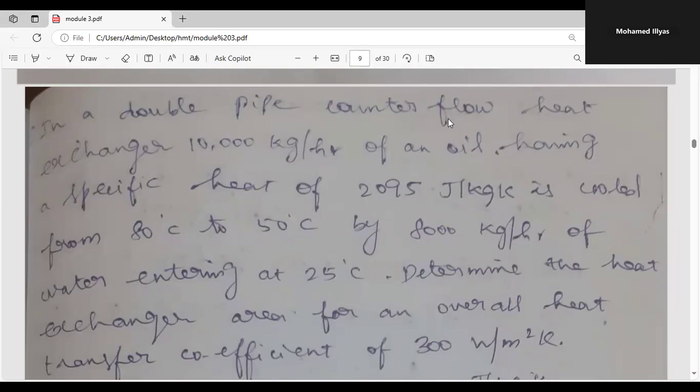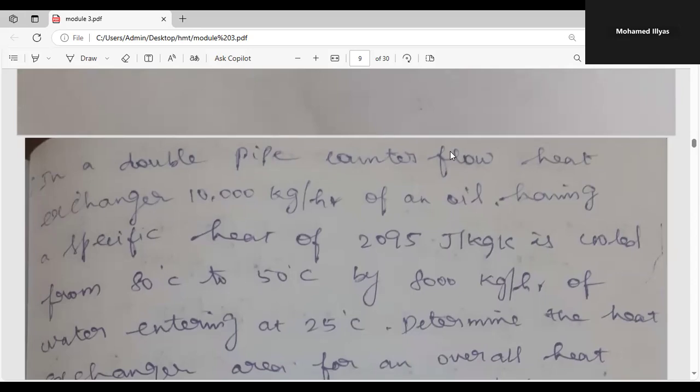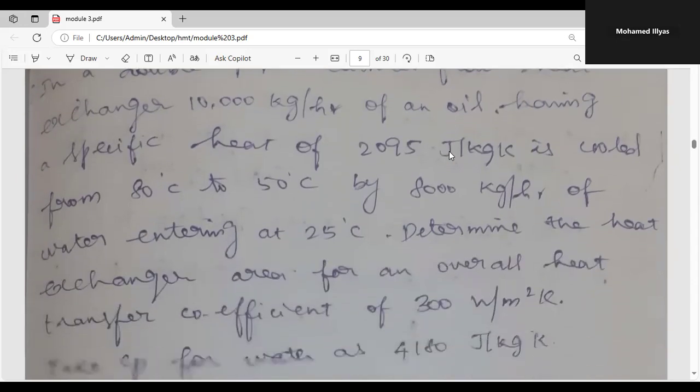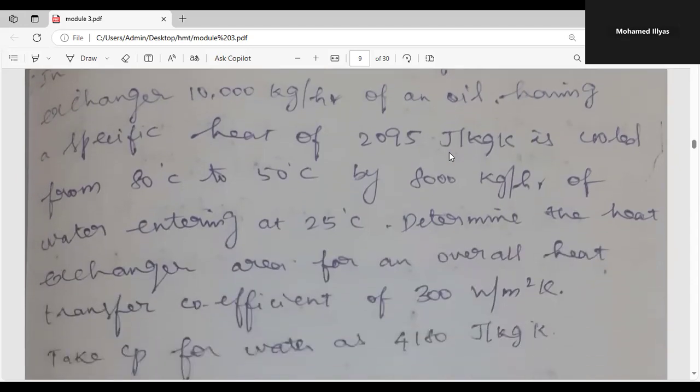Let us solve one problem on this heat exchanger, having understood the expression of our LMTD. So let me read this problem now. In a double pipe counterflow heat exchanger, 10,000 kg per hour of an oil having a specific heat of 2095 joules per kg Kelvin is cooled from 80 degrees Celsius to 50 degrees Celsius by 8,000 kg per hour of water entering at 25 degrees Celsius.